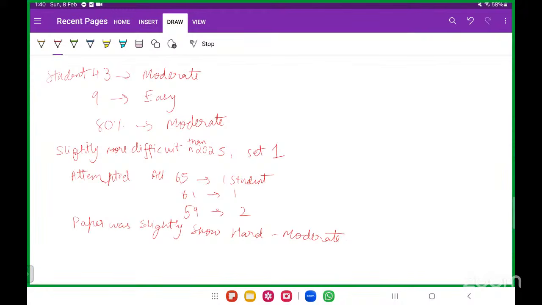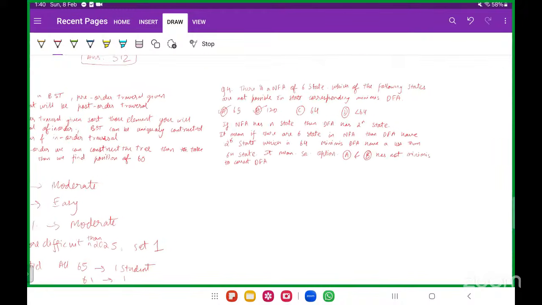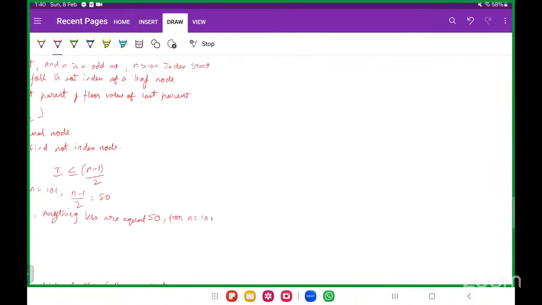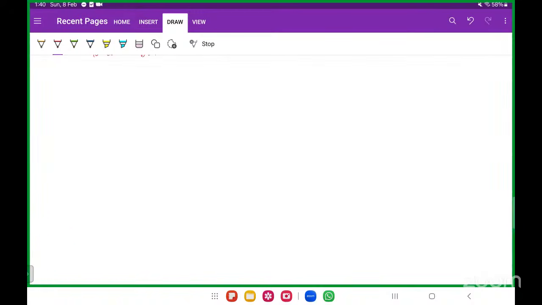So let's come back to a few more problems. One feedback is that there are many problems on graph theory, but I am not able to find the exact problems. A few of them, if I can find, just let me check.